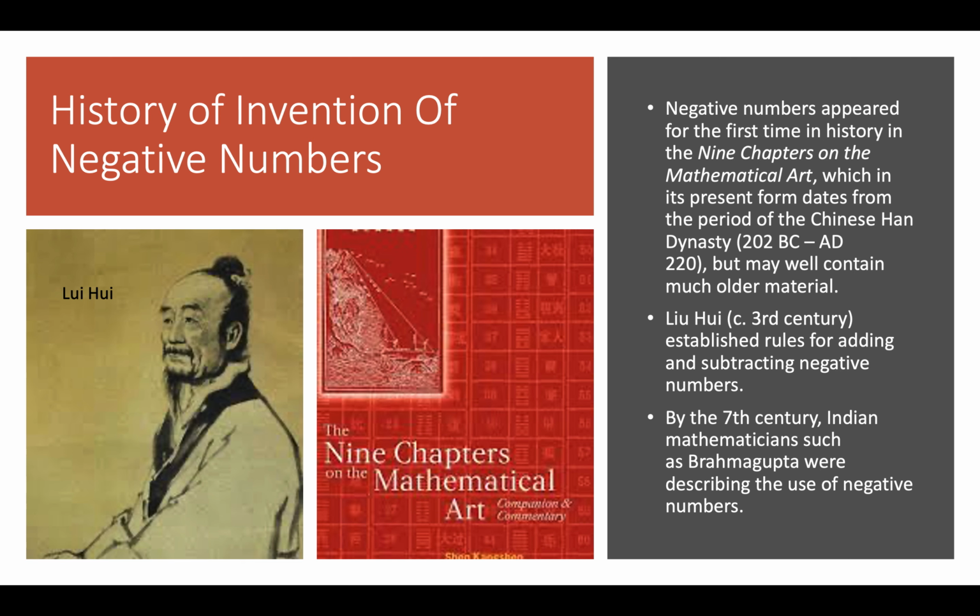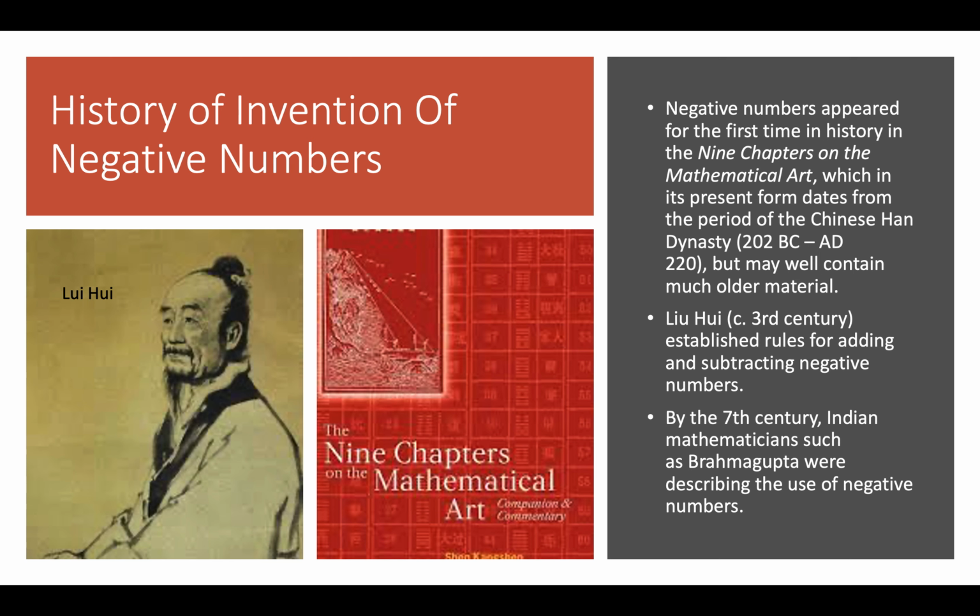Liu Hui established the rules for adding and subtracting negative numbers. By the 7th century, Indian mathematicians such as Brahmagupta were describing the use of negative numbers.